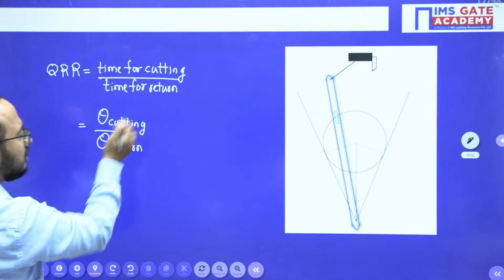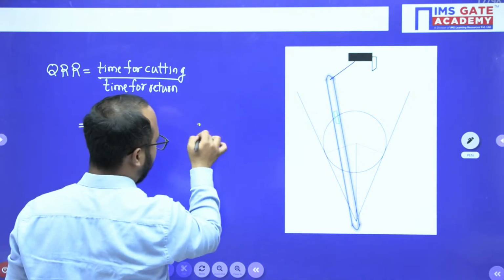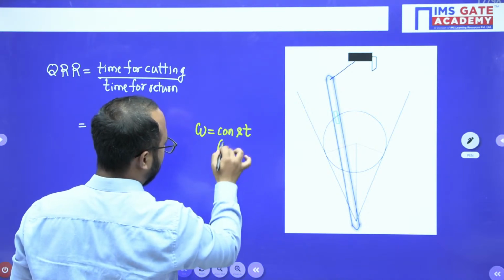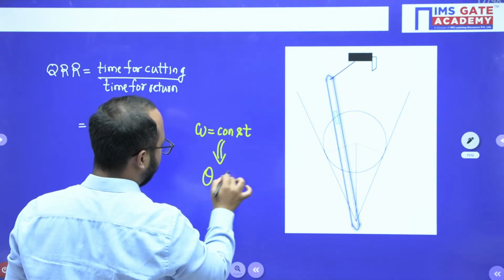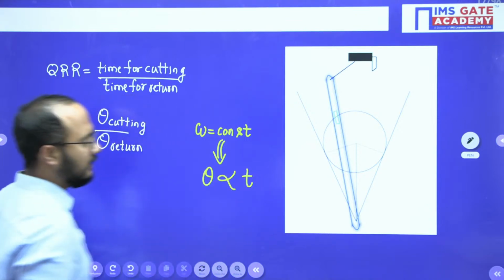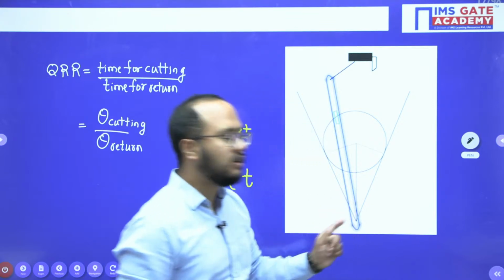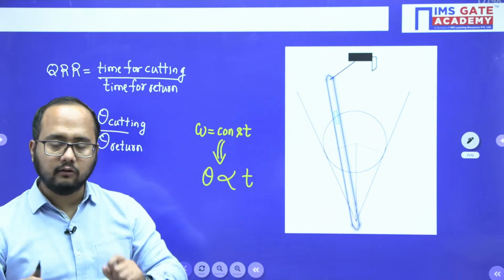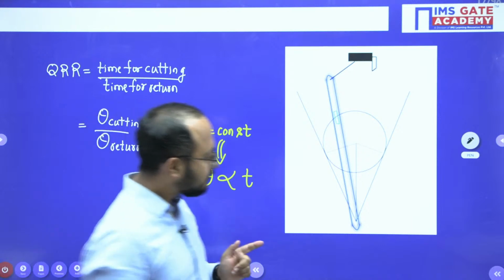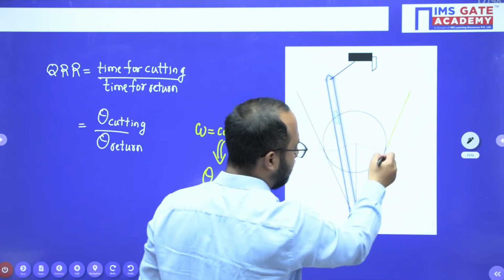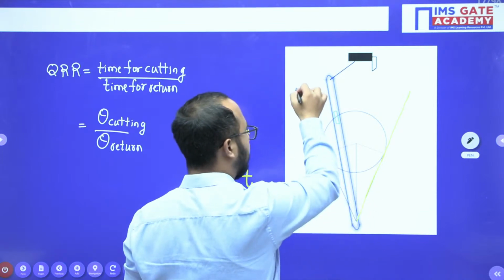How is it proportional here? As the angular velocity is constant, theta is proportional to time t. Right, everyone? Now try to understand. This diagram is very important in order to calculate the QRR. So first of all, understand this is the extreme position of the slotted bar.